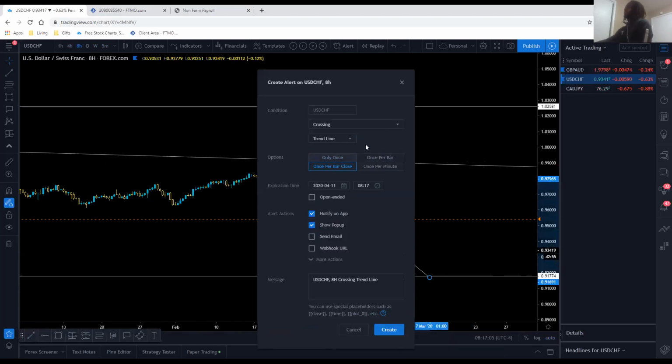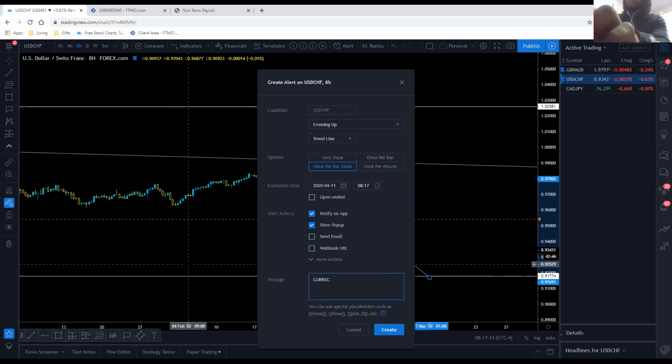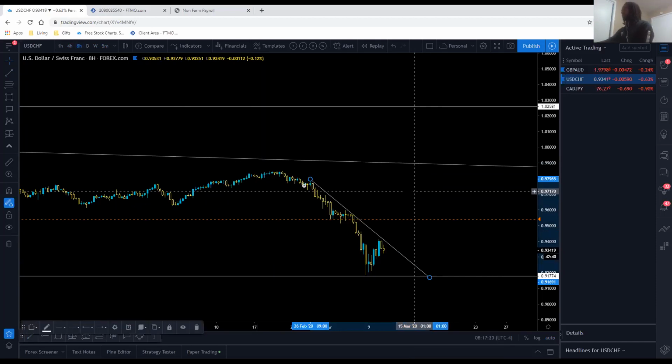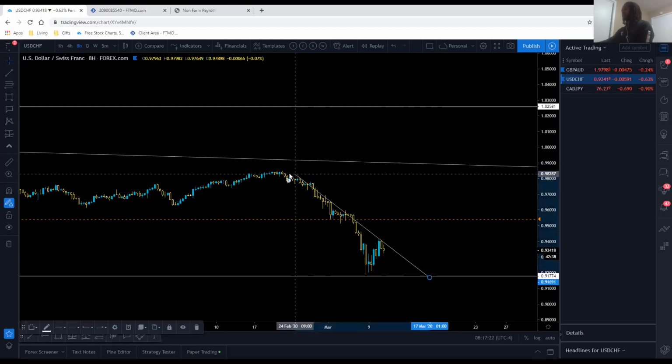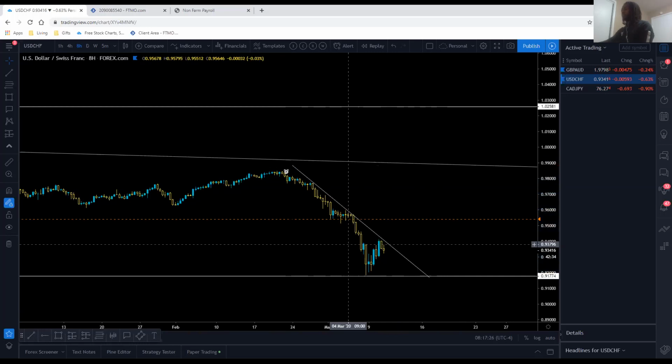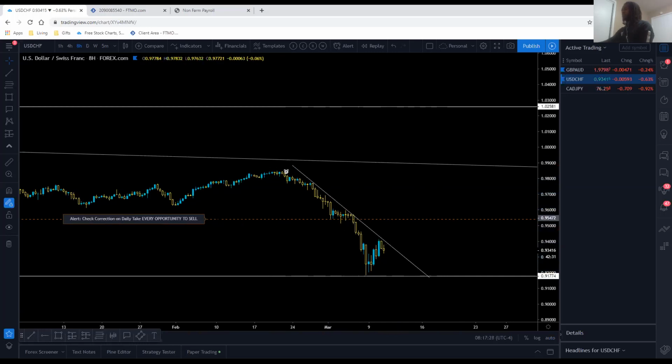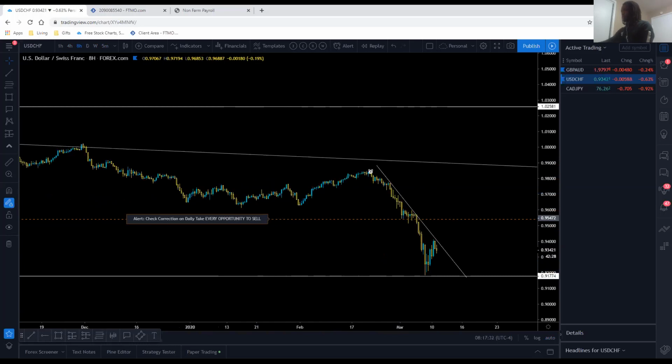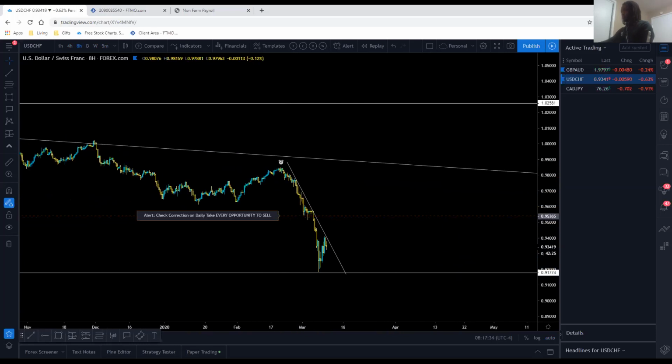If price closes above that point, crossing up, I want to look at this and look for a correction. And then if that happens, we're holding it all the way to the next trend line, but really this is the first area I'm really looking to sell at. Over here.